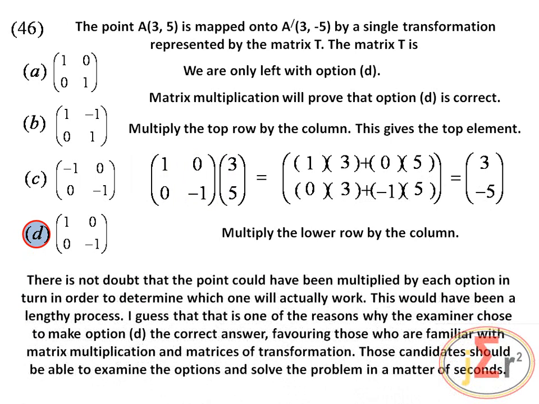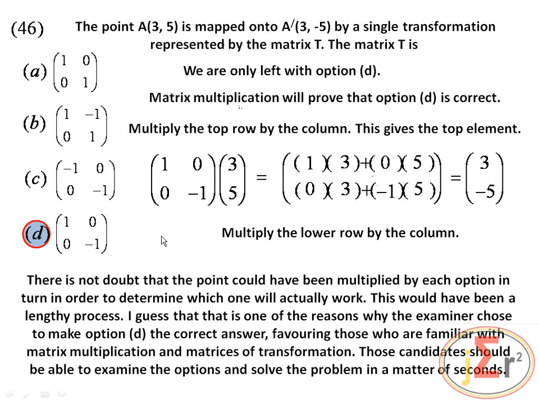There is no doubt that the point could have been multiplied by each option in turn in order to determine which one will actually work. This would have been a lengthy process. I guess that is one of the reasons why the examiner chose to make option D the correct answer, favoring those who are familiar with matrix multiplication and matrices of transformation. Those candidates should be able to examine the options and solve the problem in a matter of seconds.